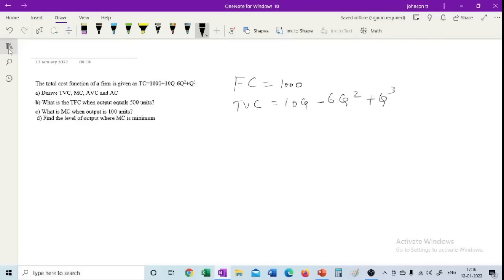And the next is marginal cost. So how we have to find marginal cost? To find the marginal cost, we differentiate the total cost function or the total variable cost function.